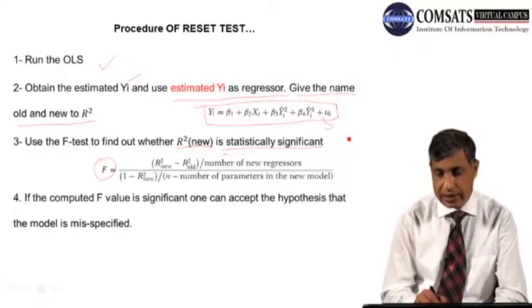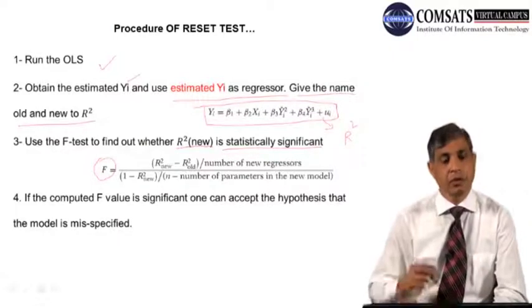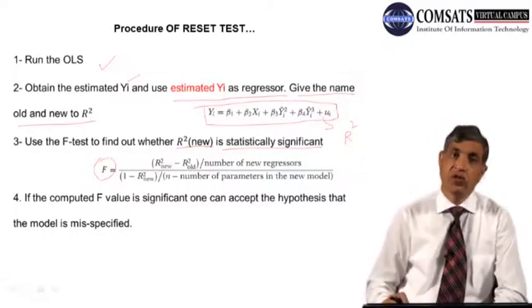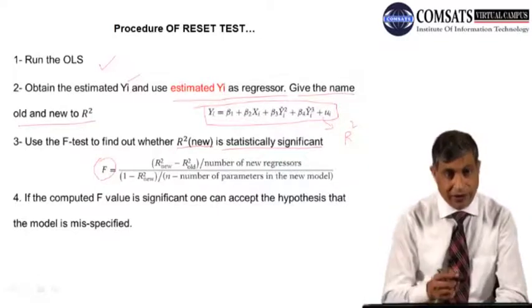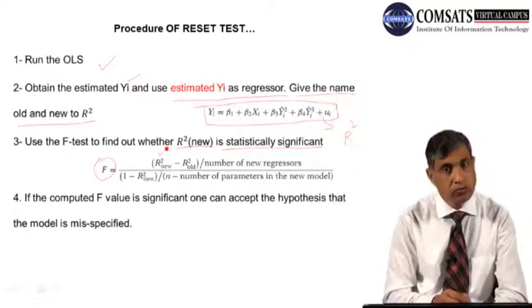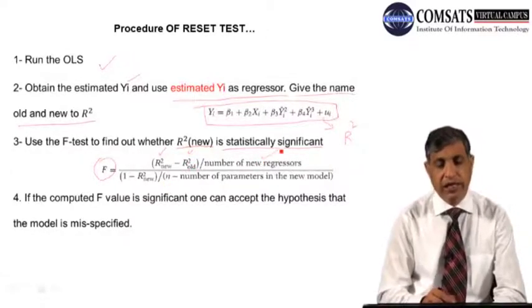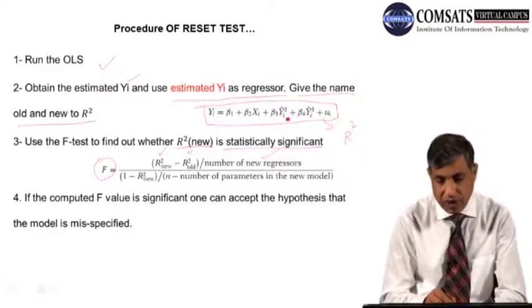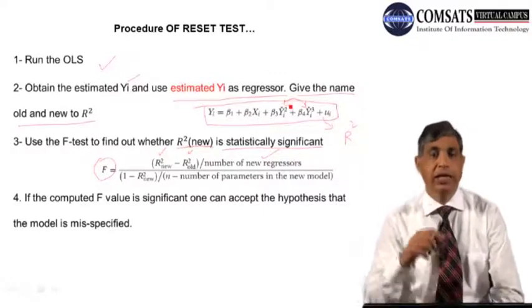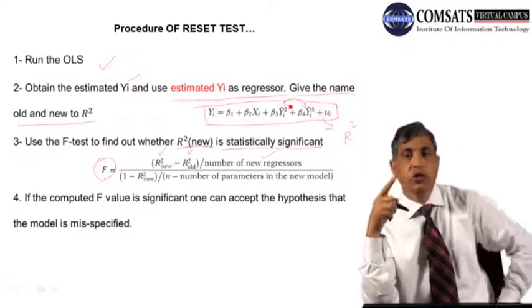Now we are interested in its r square, because previously we assumed that that was the true model. What is the formula? You have the value of r square new, the definite value of r square old, and the number of new regressors. We have introduced two new regressors, yi hat square and yi hat cube.